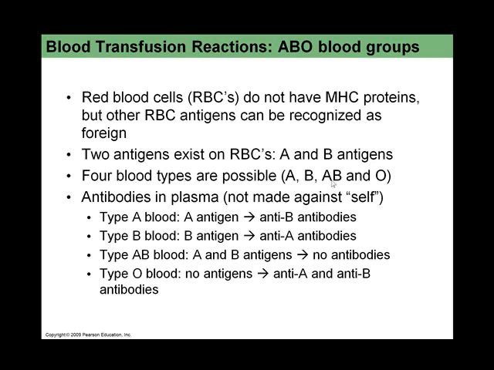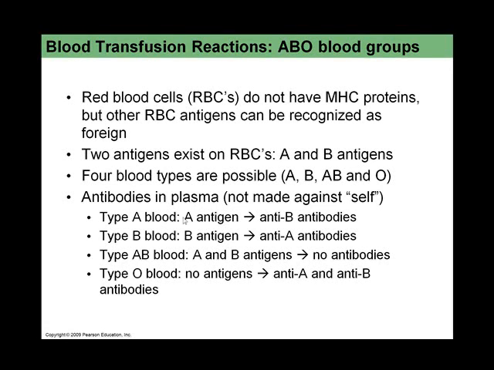So in other words, let's look at the antibodies in the plasma that are not made against self, but against what is absent. In this case, we're going to make antibodies to the allele and its protein that is absent.